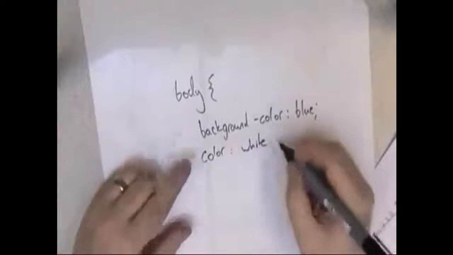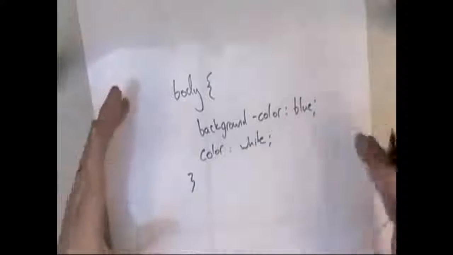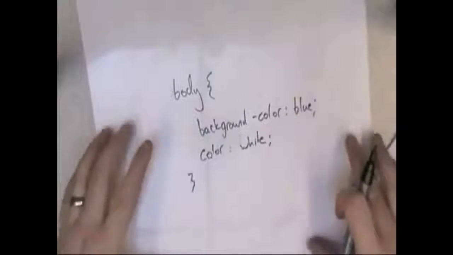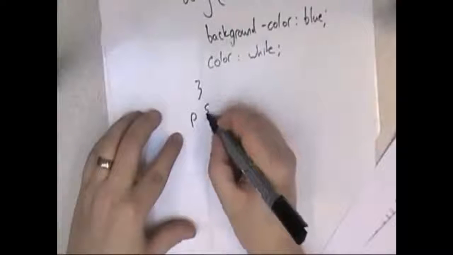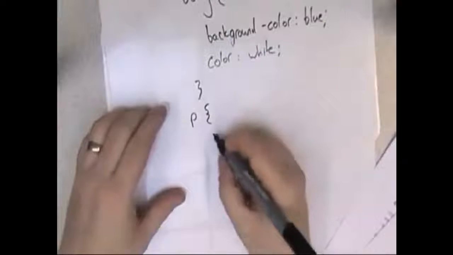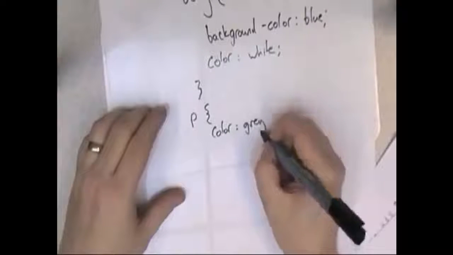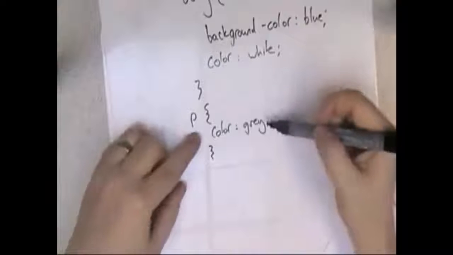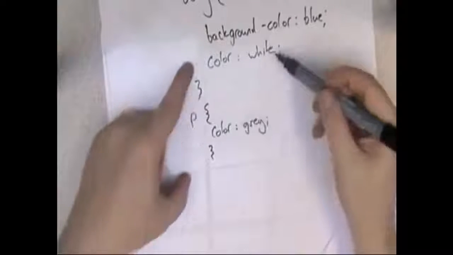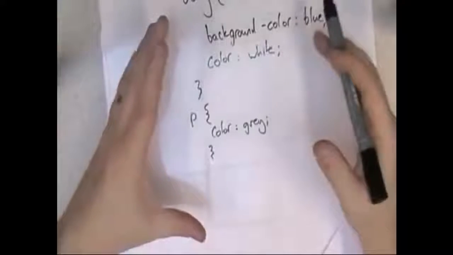And again, you can use the hash codes, the hexadecimal codes, to do that. Okay, so that would make my page blue in colour with all white writing, and then my paragraph, wherever I've got paragraphs, the colour is actually going to be grey. And what that would mean is that all my headings are going to be white, because that's the default text colour, but all the body text is going to be grey, so they'll stand out a bit differently.